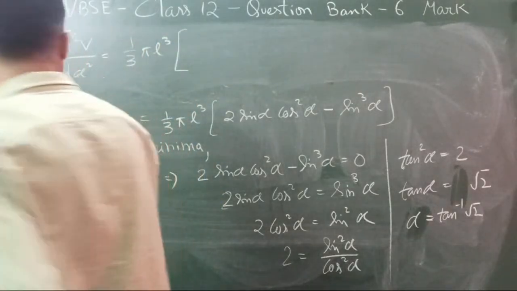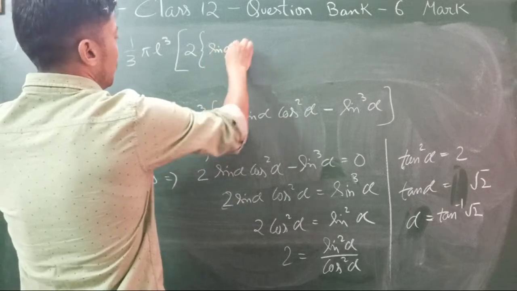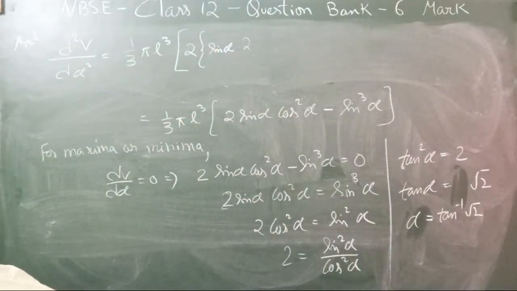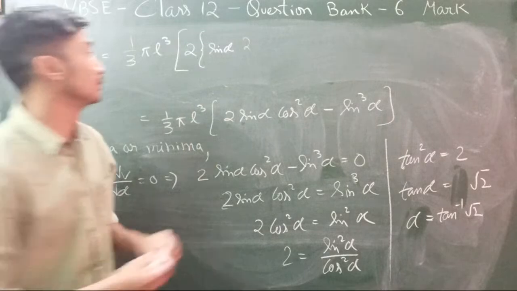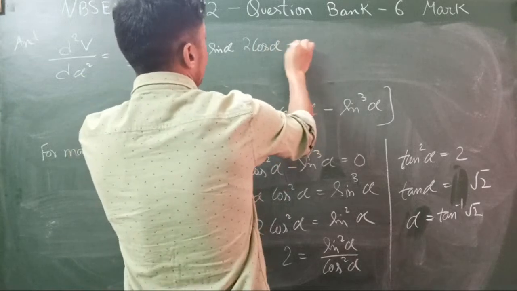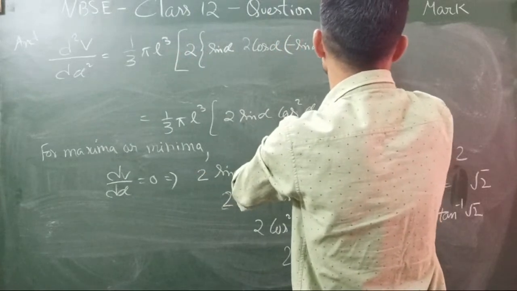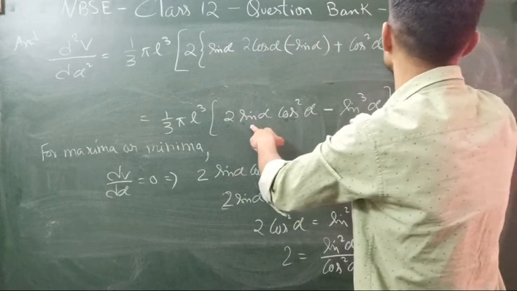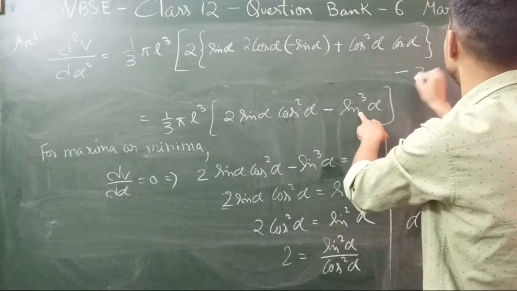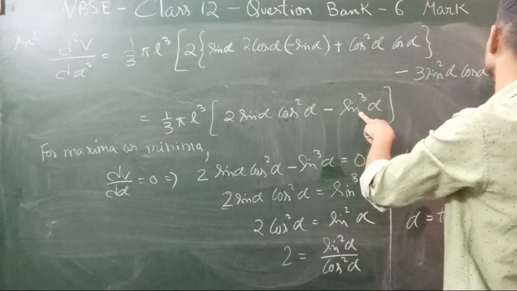So again, product rule, twice sine alpha, twice of sine alpha 2 cos alpha, derivative of cos alpha is minus sine alpha, plus cos square alpha, derivative of sine alpha is cos alpha, minus this one 3 sine square alpha, derivative of sine alpha is cos alpha.